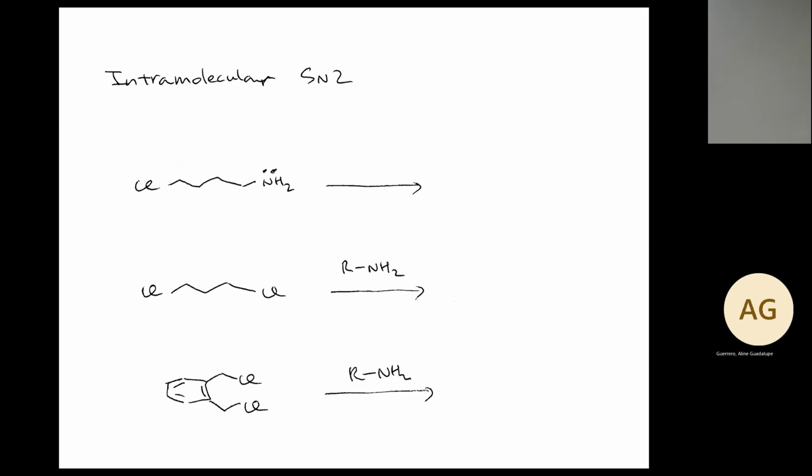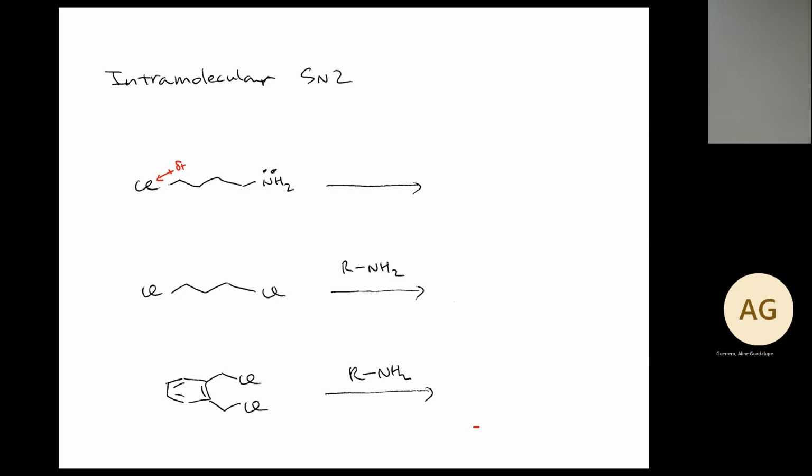But sometimes you only see one molecule in the reaction, and yet we expect you to figure out what's going to happen. Most of the time in that situation, that one molecule may have an alkyl halide and a nucleophile together. And when you see that, the intramolecular reaction happens.